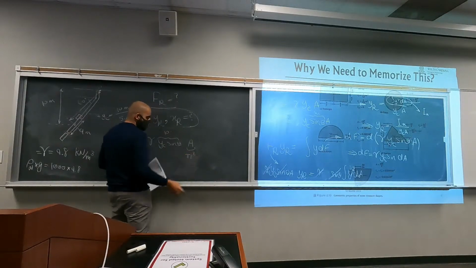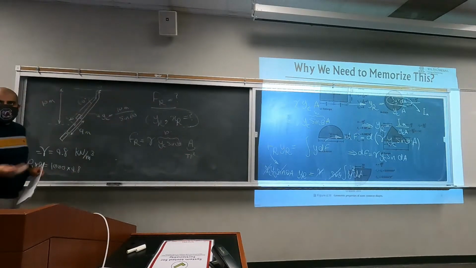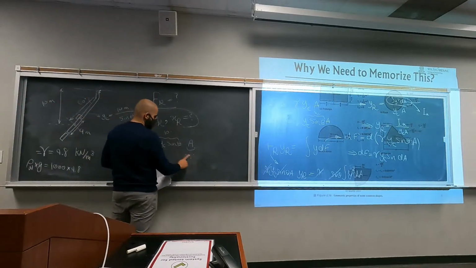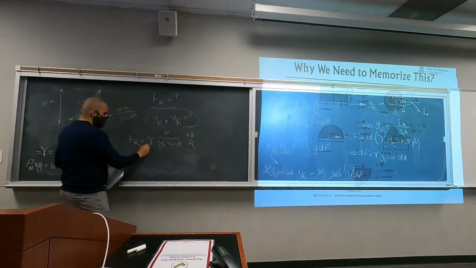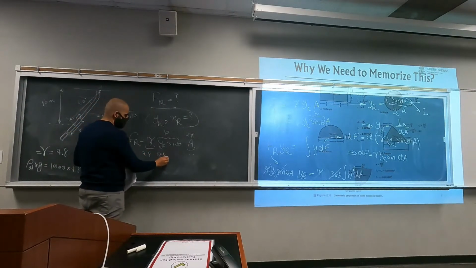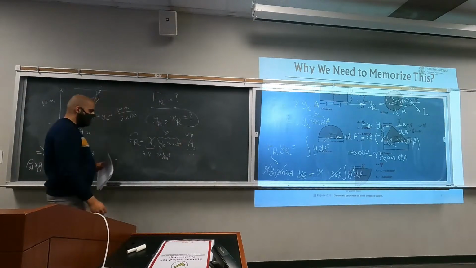What is the radius here? The radius here is 2. 4 divided by 2, 2. So we're going to get 4 pi. And gamma is 9.8 kilonewtons per cubic meter.